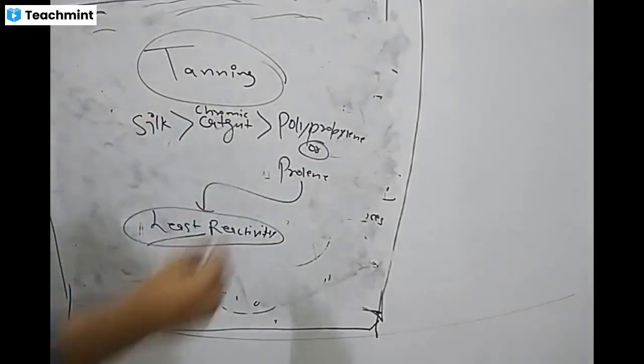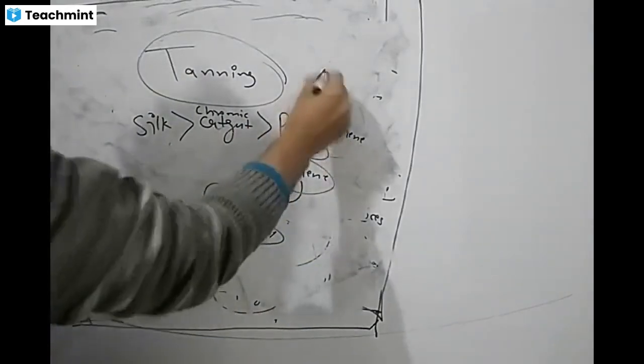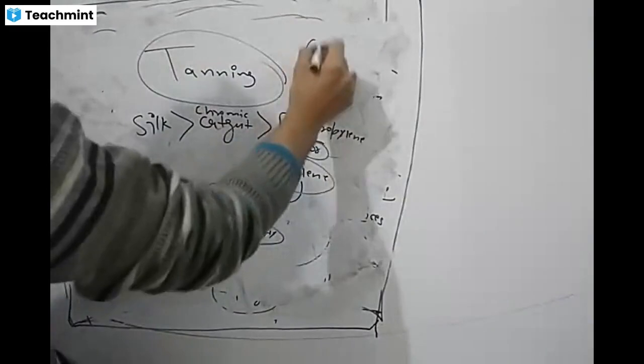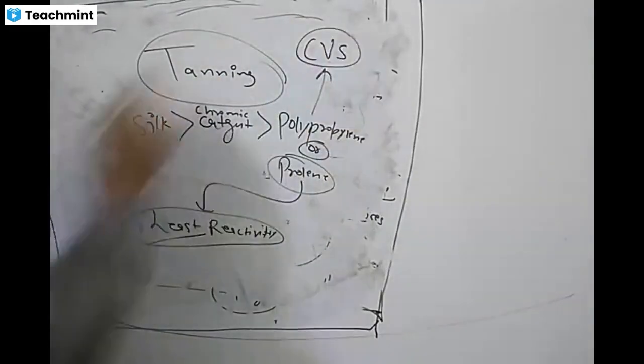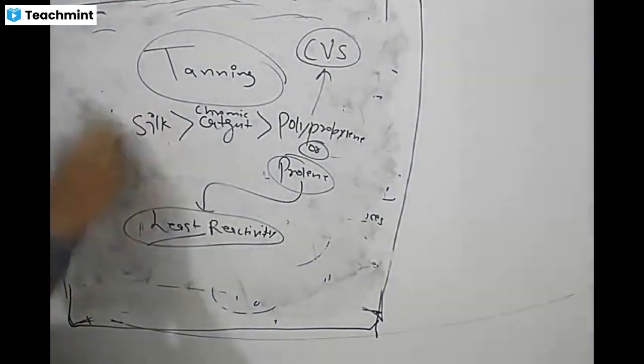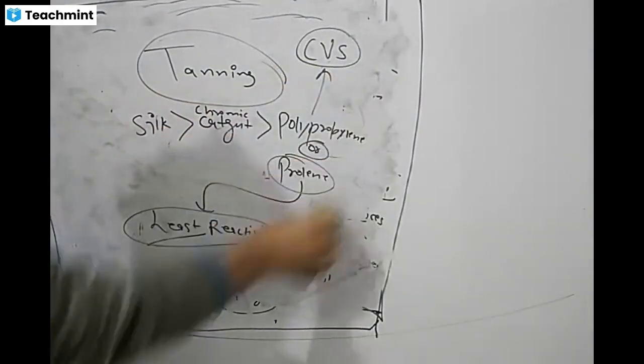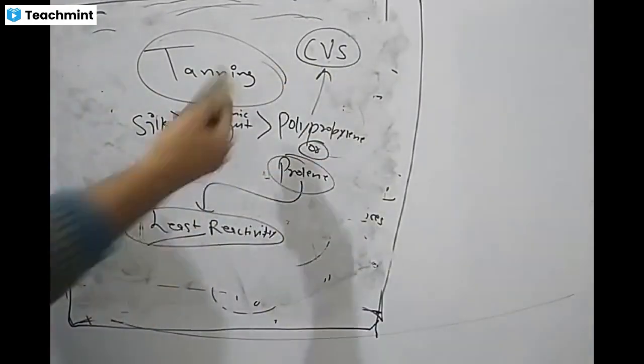Because of least reactivity, this Proline or polypropylene is the suture material of choice for cardiovascular surgery. So silk is highly reactive, chromic catgut is less than silk, and polypropylene or Proline is the least reactive and a good choice of suture material for cardiovascular surgery.